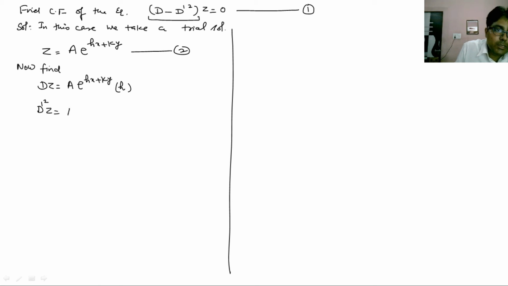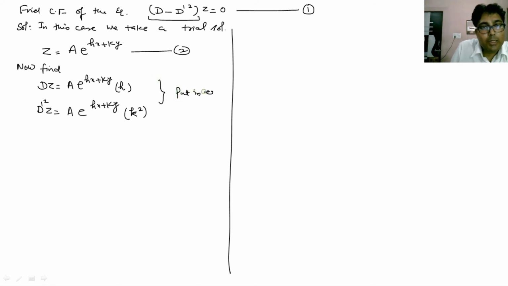So this is a e^(hx+ky) into k square. Clear? Now put this value in equation first.